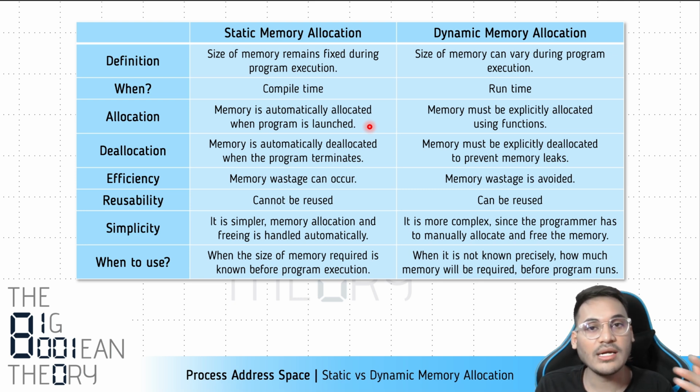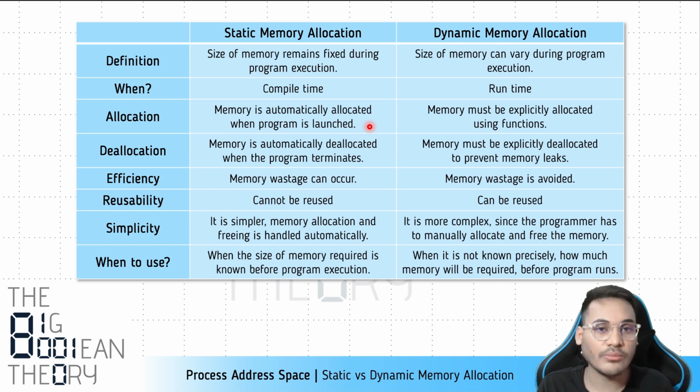When I say automatically, I mean the programmer does not have to do anything. The size of all the static memory allocations has been decided and reserved. When the program starts running, the actual memory in the physical DRAM will be allocated to those variables by the operating system. It happens automatically. You as a programmer do not have to do anything explicitly.